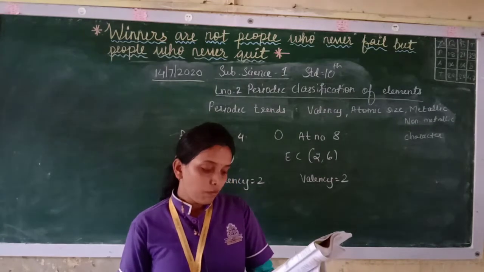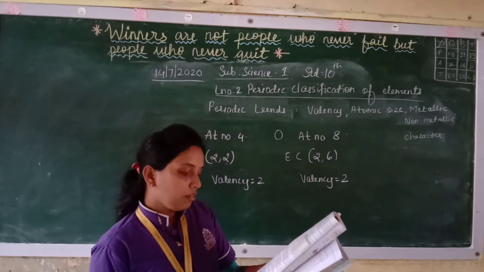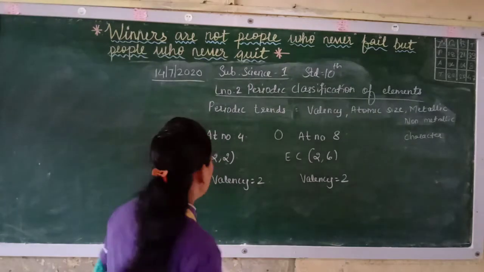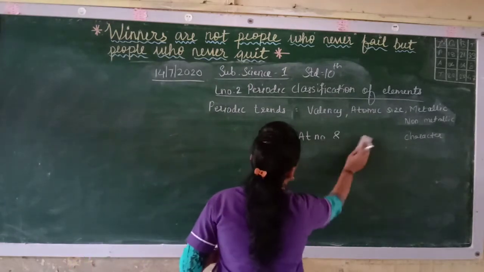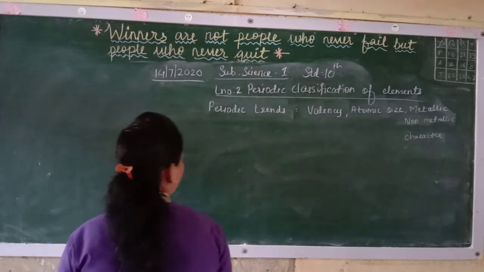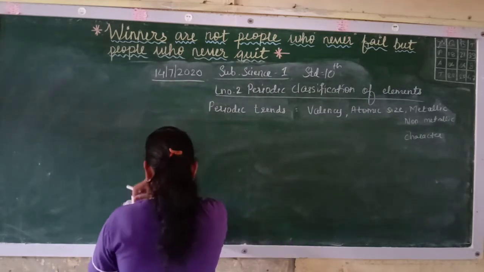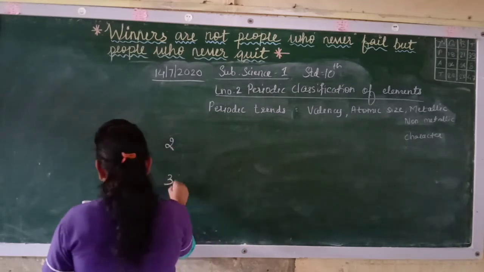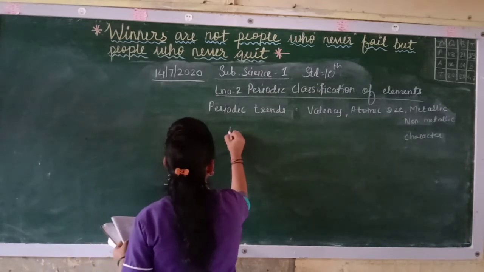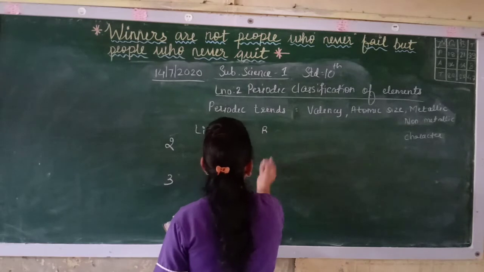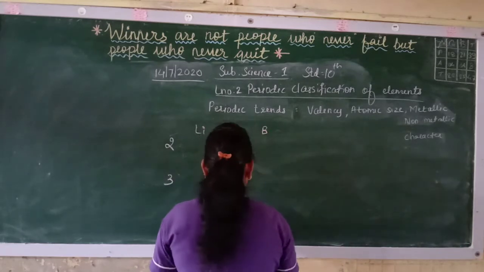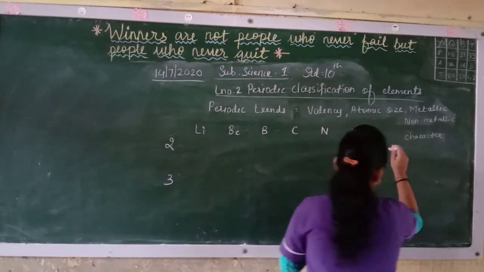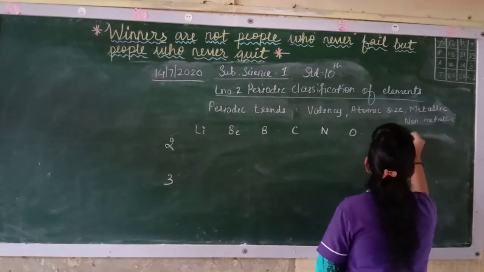So you can write all the atomic numbers along with the electronic configuration. That is easy. Now, what is the periodic trend in the variation of valency while going from left to right within a period? Explain your answer with reference to period 2 and 3. So we'll make period 2 and 3. Here you have lithium, beryllium, boron, carbon, nitrogen, oxygen, fluorine and neon.